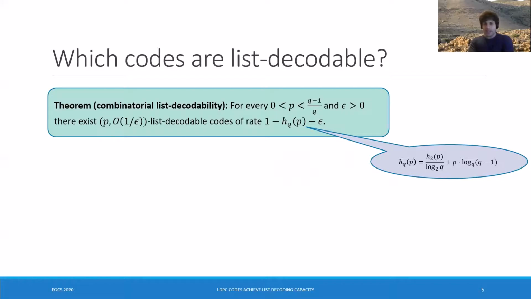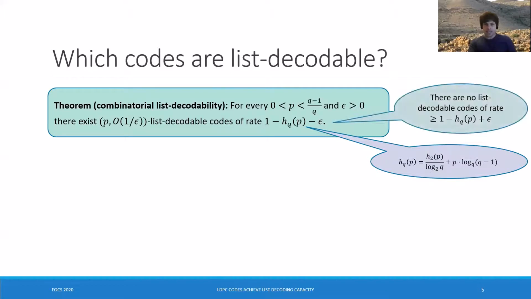The list decoding capacity theorem tells us that there exist codes of rate epsilon below capacity, which are list decodable for noise ratio p with list size roughly on the order of 1 over epsilon. And this theorem is tight in the sense that no code of rate above capacity is list decodable for noise p with any reasonable list size. The list size in that case would have to be exponential in n, which is completely impractical for anything.